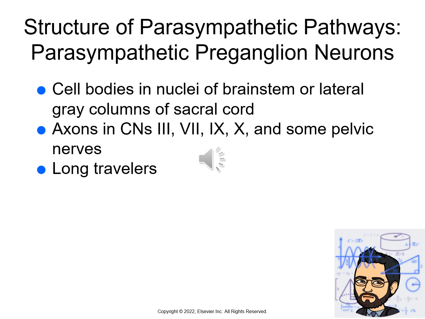So these are long axons, relatively speaking, and they allow the preganglionic neurons to reach ganglia that are close to or within those target organs. So the ganglia, known as terminal ganglia, are situated near or embedded within the walls of the target organs, and this enables a precise and localized control of organ functions.